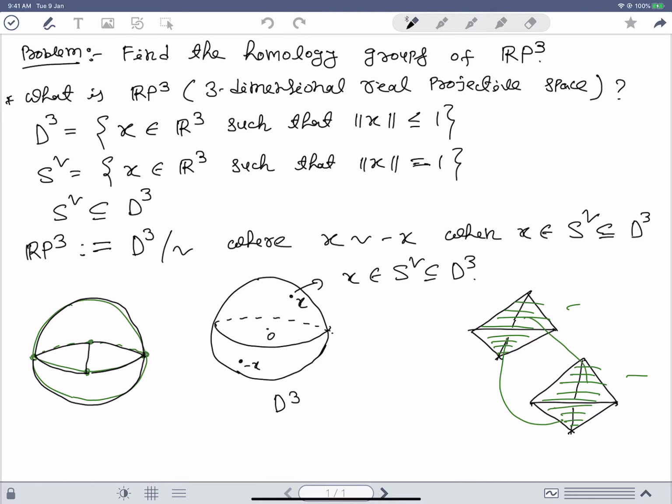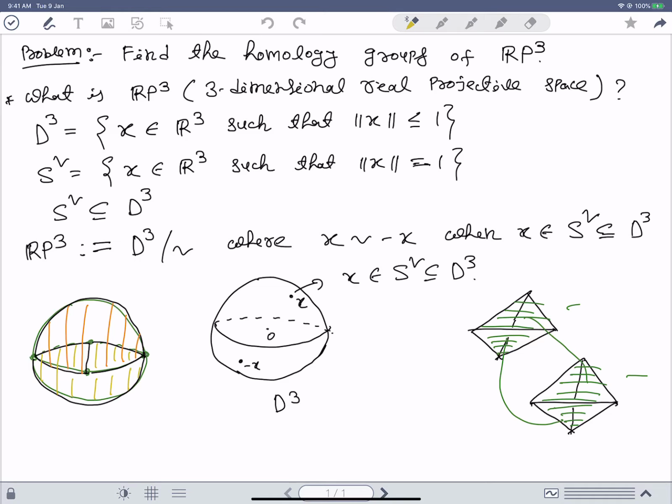Now if we identify, say, this triangle, okay, with the reverse triangle, this one, we can write in this way.